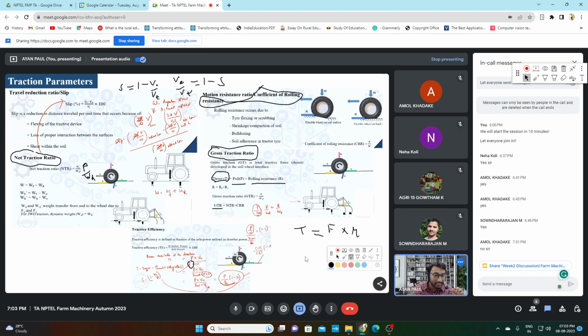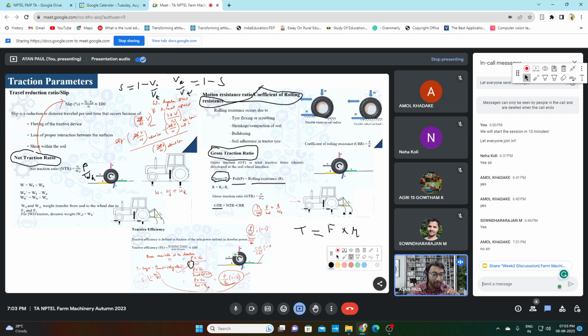That thrust divided by the dynamic weight on the tire is known as gross traction ratio. This formula I have already told you: thrust equals pull plus rolling resistance. If we divide both sides of the equation by dynamic weight Wd, then T by Wd equals P by Wd plus R by Wd.